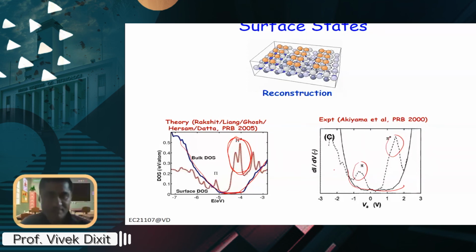So you see the density of states. So in the surface, even without impurities, you have states in the band gap, right? That means there will be trap-assisted recombination at the surface, and that is called surface recombination.